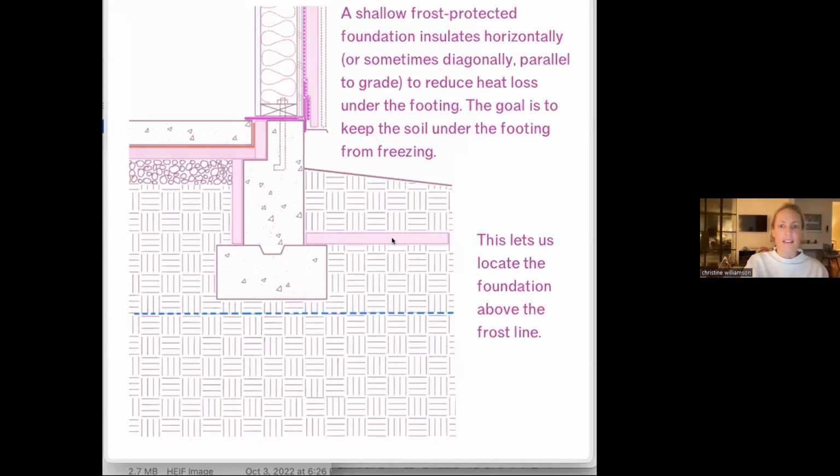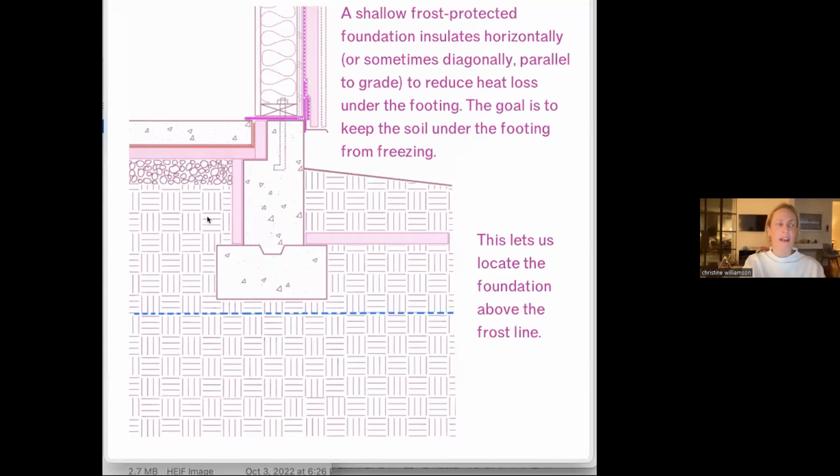And this lets us locate the foundation above the frost line. It might help to think of it another way. Essentially, we're insulating the ground, and we basically move the frost line up above it when we're adjacent to the building. So it lets us have a shallower foundation.